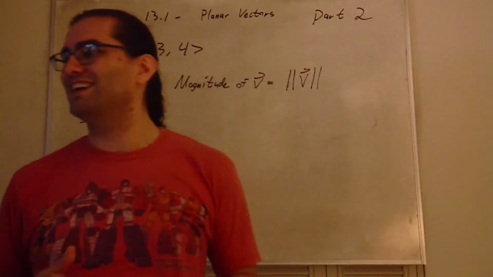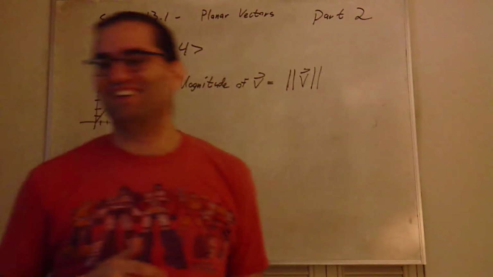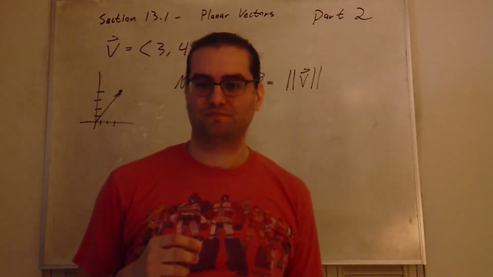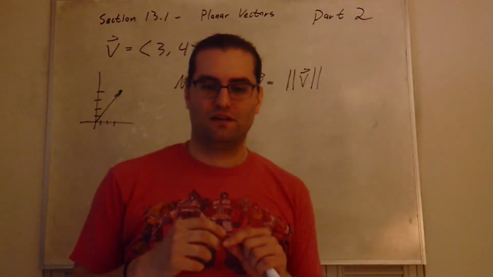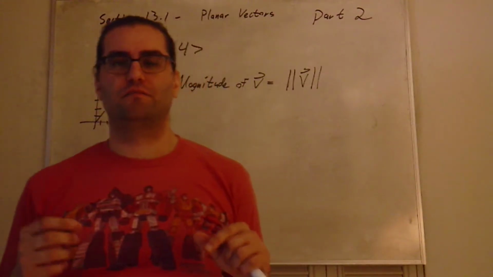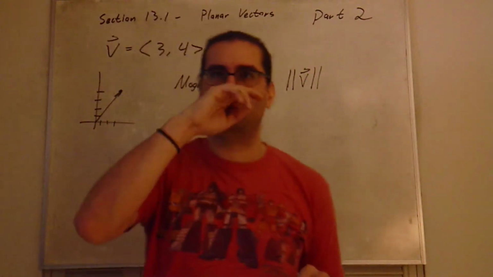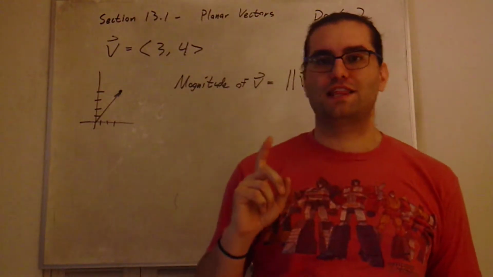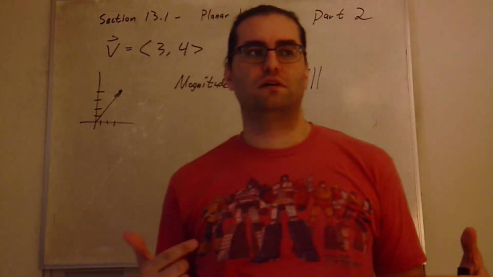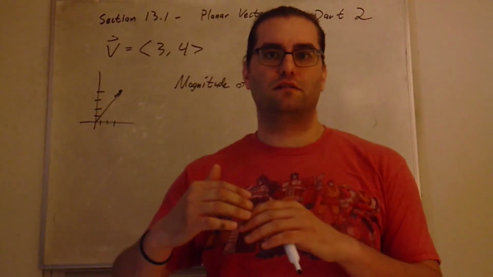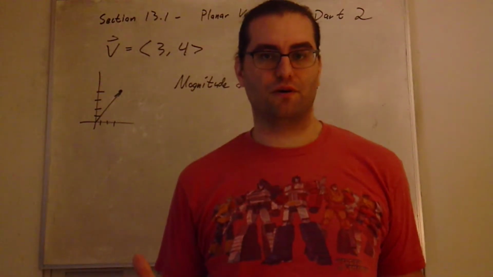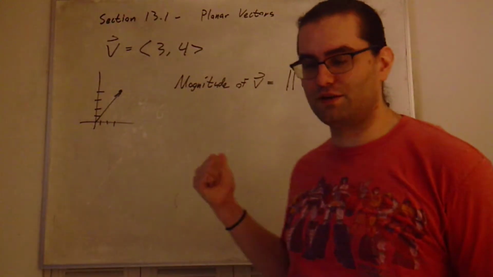When we were doing pre-calculus and we worked with complex numbers, we said that the absolute value of a point on the complex plane was its distance from 0. And that's the idea we're going with here.